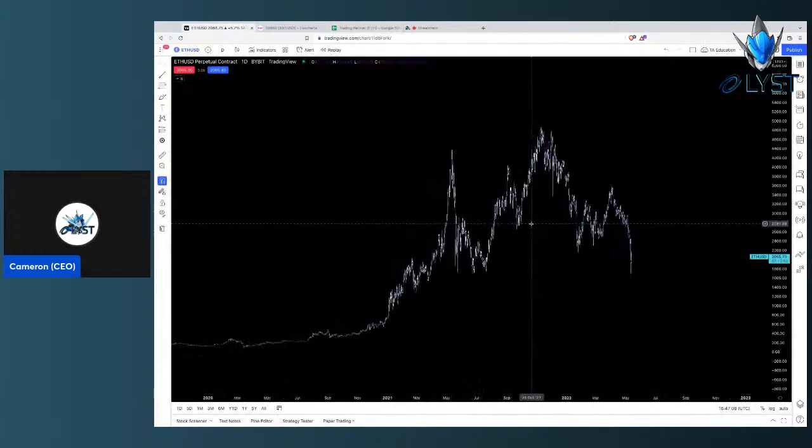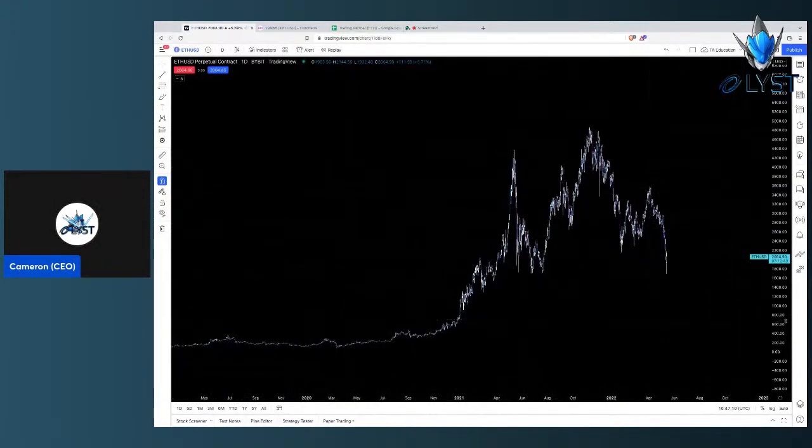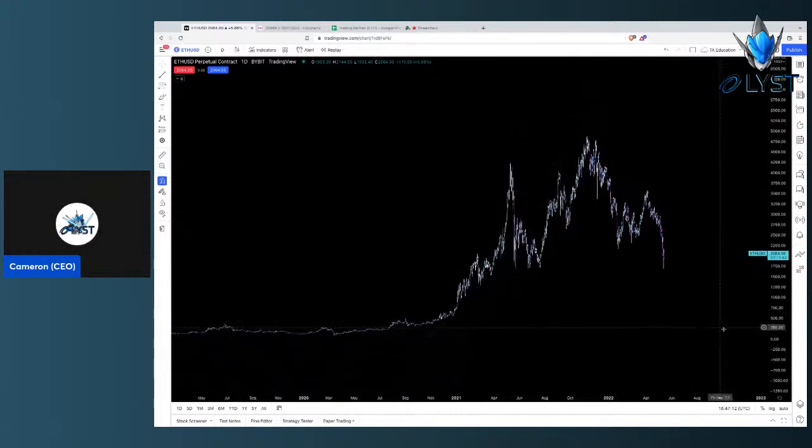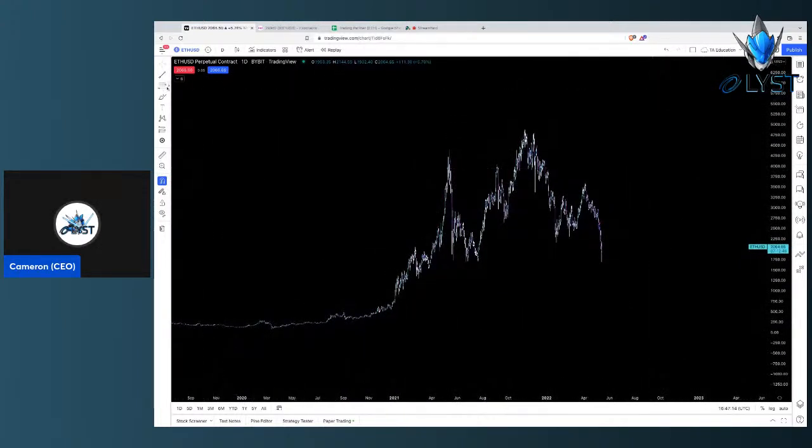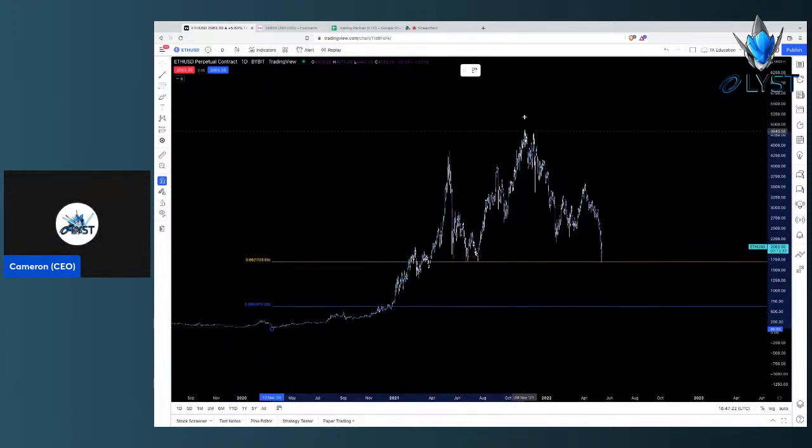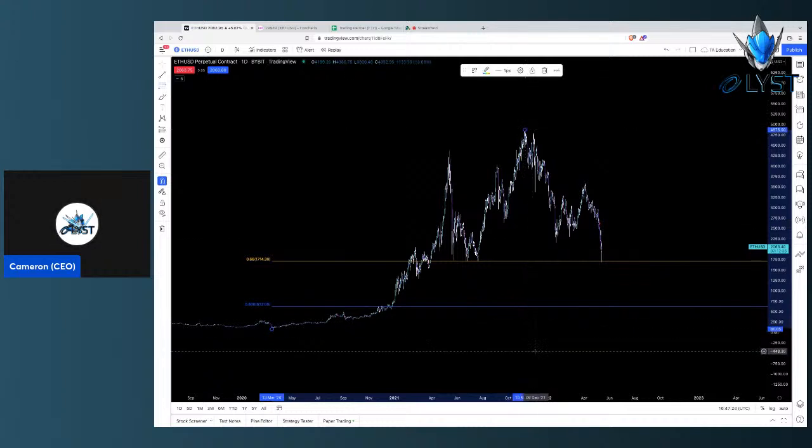So we come here to our chart, and we're going to get our Fibonacci retracement up here. We're going to pin it to the low on the chart, and go all the way up to the high on the chart.